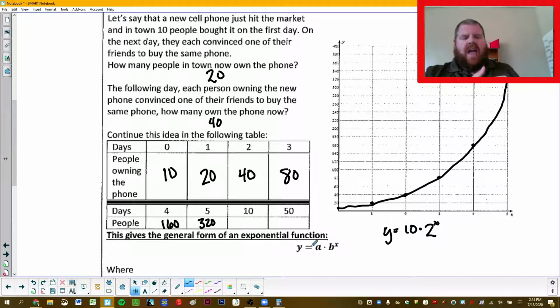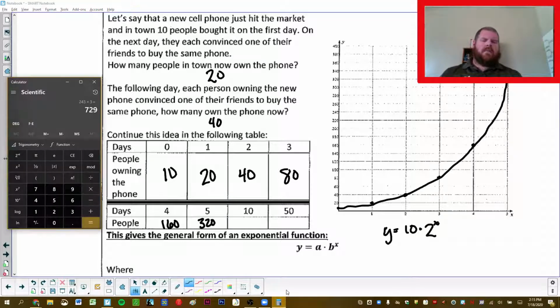This 10, the a out in front, kind of sets my start value. And then the b value, the number that's being raised to the x power, is dealing with how fast is it growing? Okay. And this one is doubling every day, so it's going to be 2 to the x power.